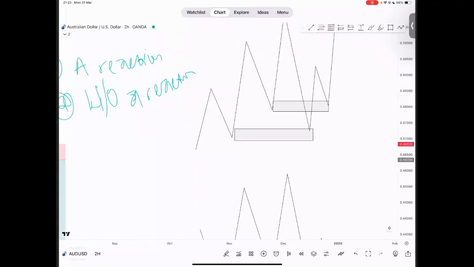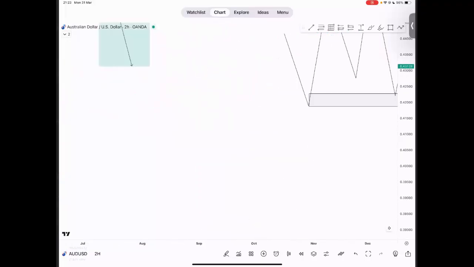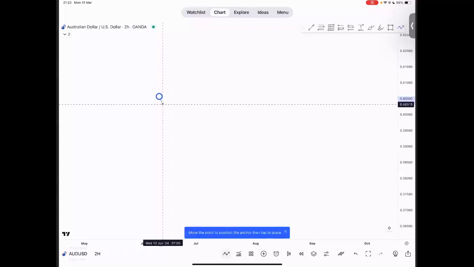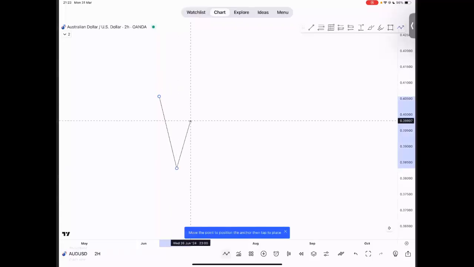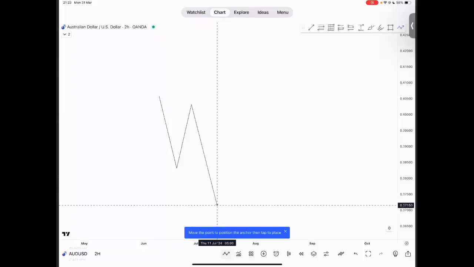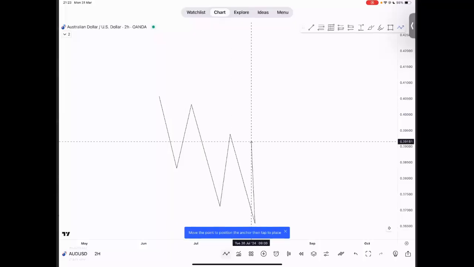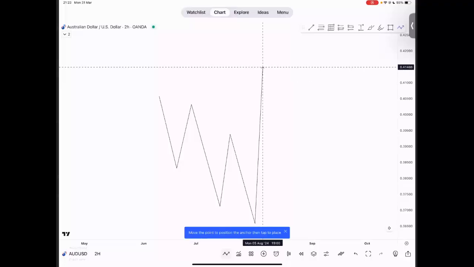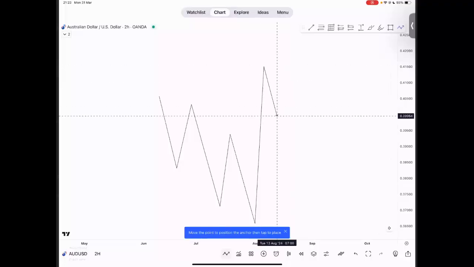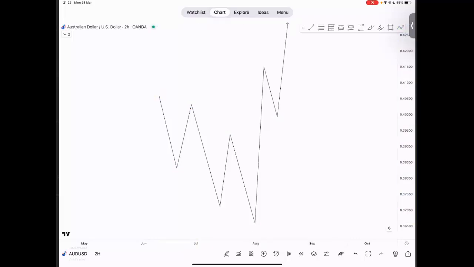And if you should flip, this is what it's going to look like when you have a supply zone, price putting in lower highs and lower lows. And what happens? Price comes, takes out that supply zone with little or no reaction to it, right? What does it create? It creates a breaker block opportunity.